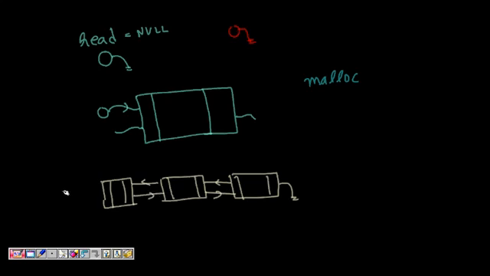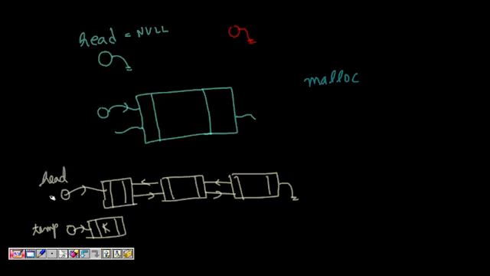This is the start, and now we want to add one more element to a non-empty linked list. We make a temporary pointer like this, and we get memory for it. For temp we get the memory of the size of struct node, and we put some data in it, the key.